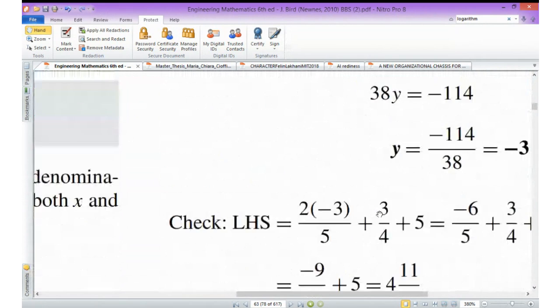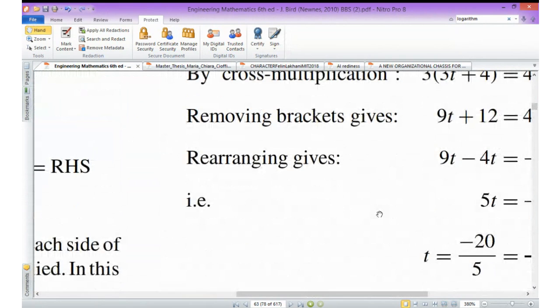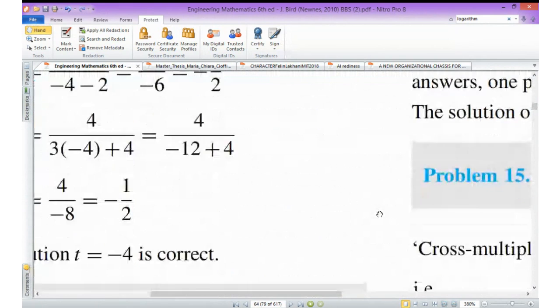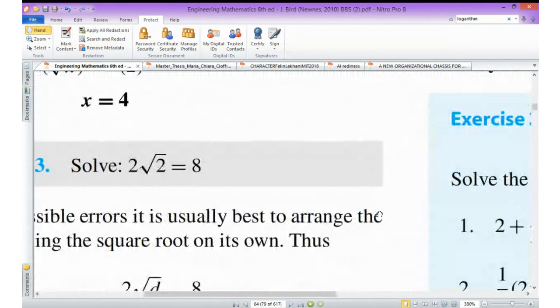So let's look at solutions of simultaneous equations.